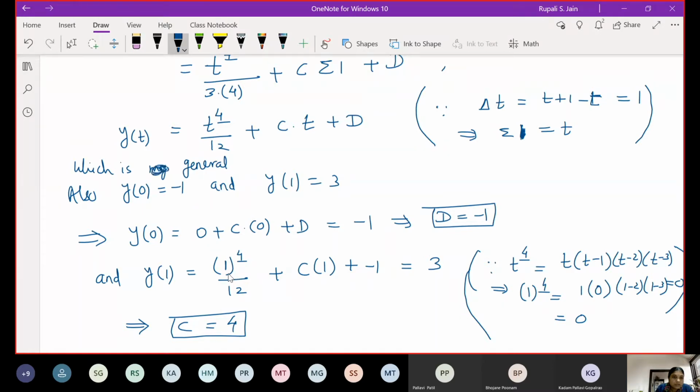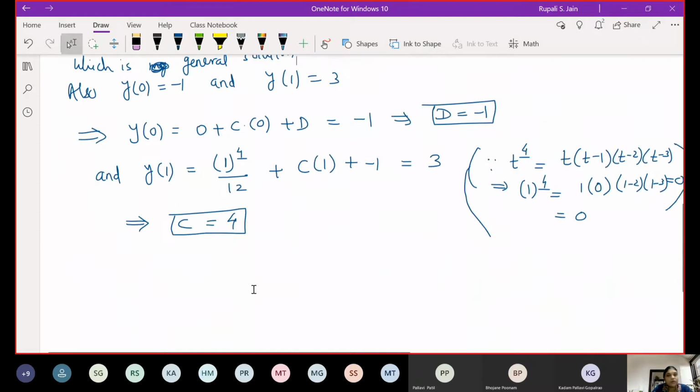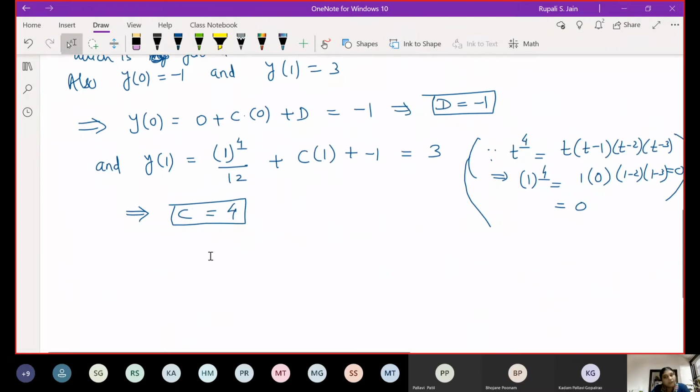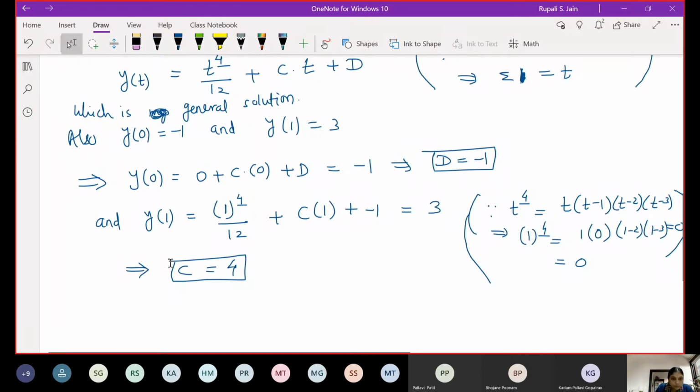Now to find the particular solution, we need to substitute the given boundary values. With the help of that, we have found D is equal to -1 and C is equal to 4.